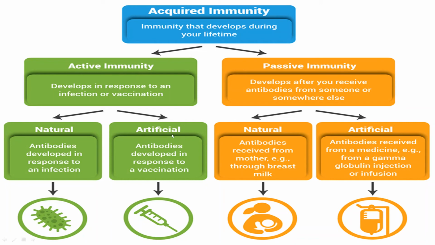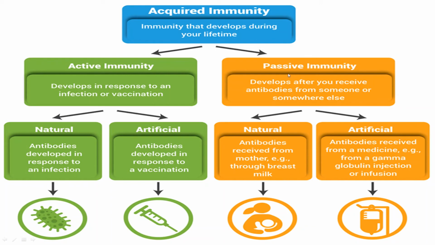And what is artificial? Antibodies developed in response to a vaccination. Many kinds of vaccines are given. Vaccines for BCG, vaccines for polio, vaccines for pox, any kind of vaccine. Through vaccines, we get the antibodies into our body. This is artificial.